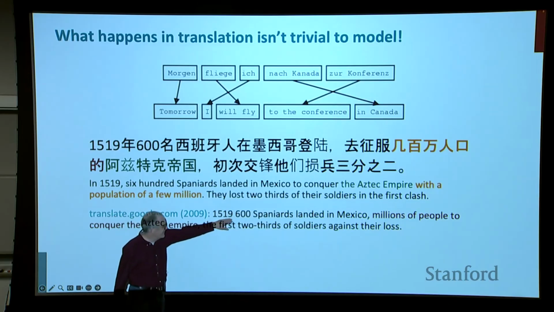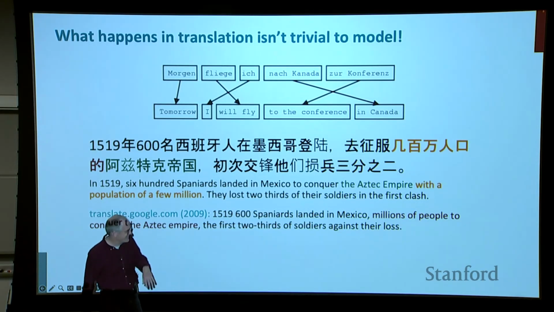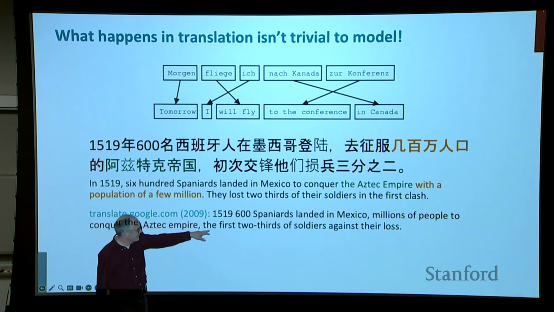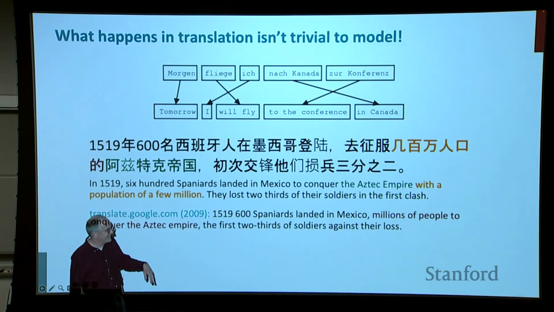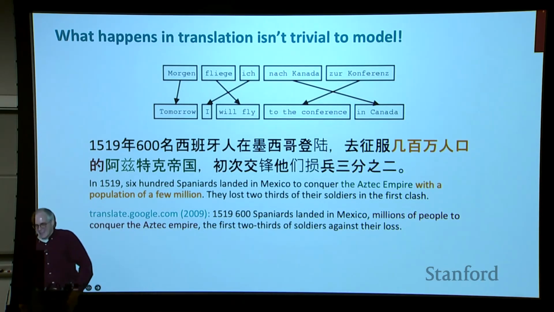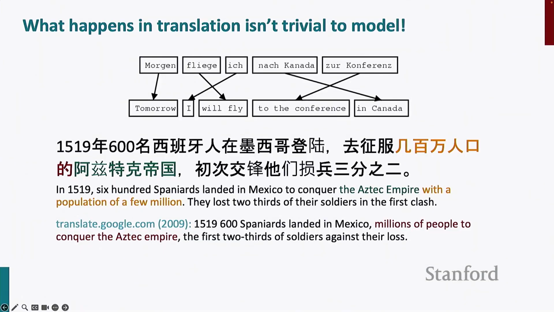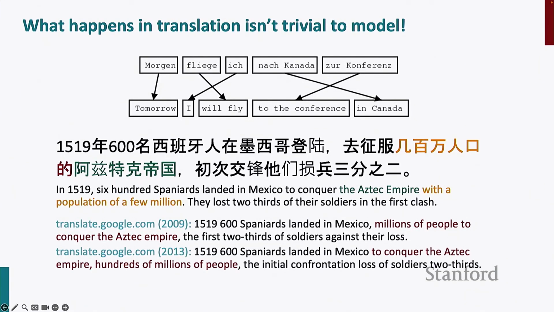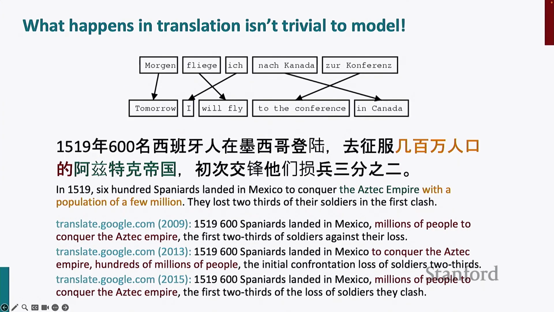Though the 1519 600 isn't exactly a very good translation, and the first 2/3 of soldiers against their loss isn't very good either. But for a while I used to update this and see what happened. In 2013, it almost seemed like progress had been made, but by 2015, it had gone downhill back to how it was before.